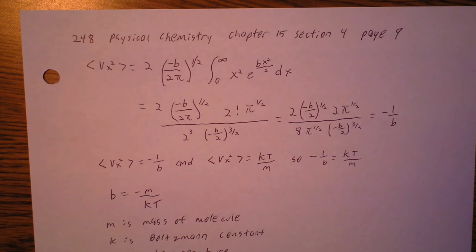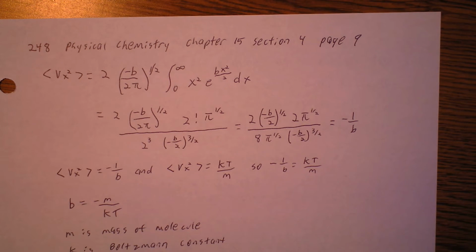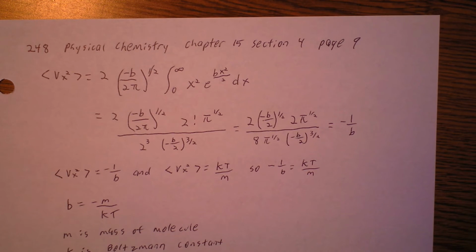Now the average x component of velocity squared is equal to 2 times minus b over 2 pi to the 1/2 times the integral from 0 to infinity of x squared times e to the bx squared over 2 dx. Substituting that integral, we get 2 times minus b over 2 pi to the 1/2 times 2 factorial times pi to the 1/2 over 2 cubed times minus b over 2 to the 3/2.